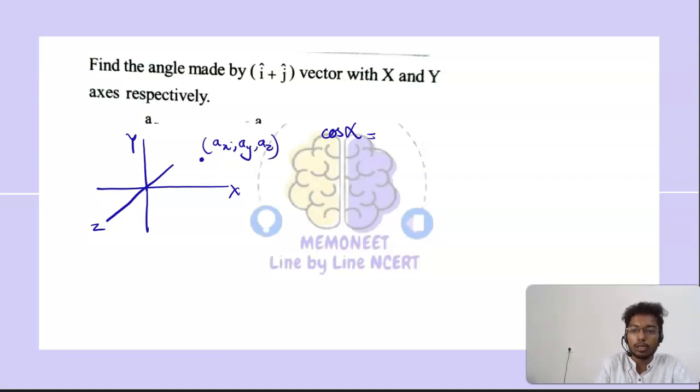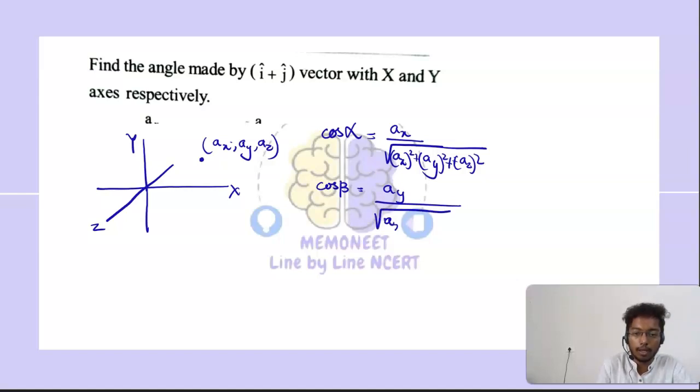So the cos alpha here is equal to ax upon under root of ax square plus ay square plus az square. Likewise, the cos beta is ay upon under root of ax square plus ay square plus az square.